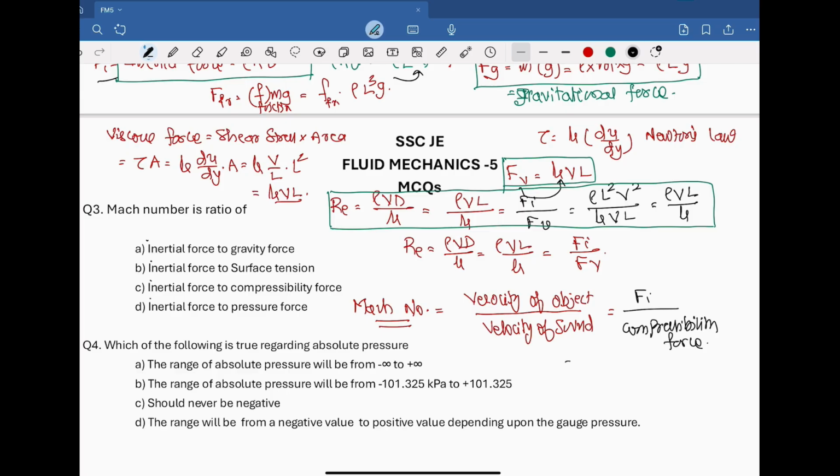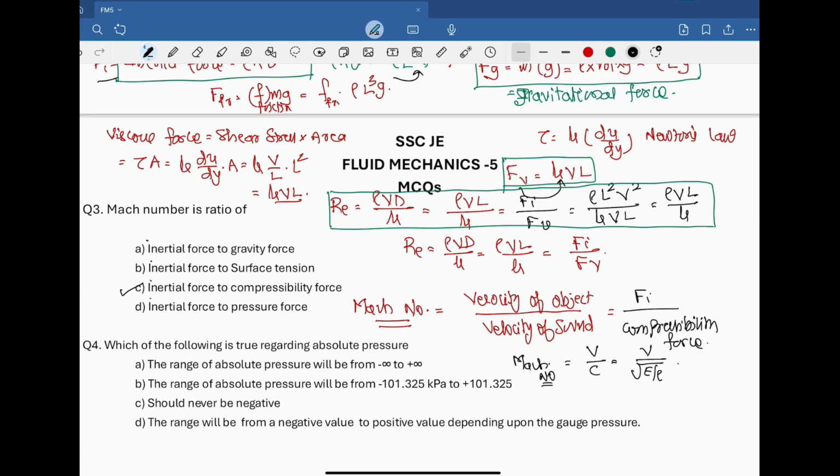Mach number is equal to velocity of object V by velocity of sound. C is velocity of sound, that is V by square root of E by rho. Compressibility is E by rho. This is the formula. Please remember this formula. Mach number is the ratio of inertial force to compressibility force. Answer is C.